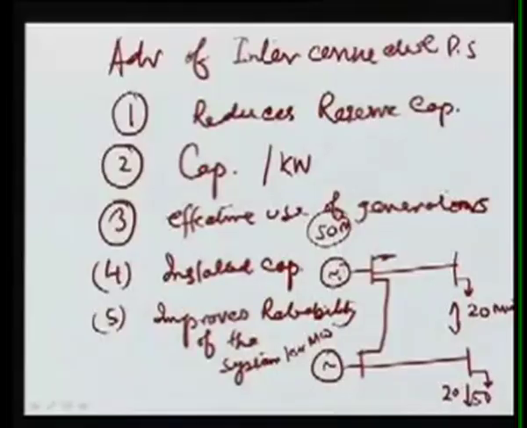For example, if there is some fault at this bus, it will be propagated here, and both this generator as well as this generator will be tripped. So the fault in one system will propagate to the other system, and that's why it is sometimes very, very dangerous.